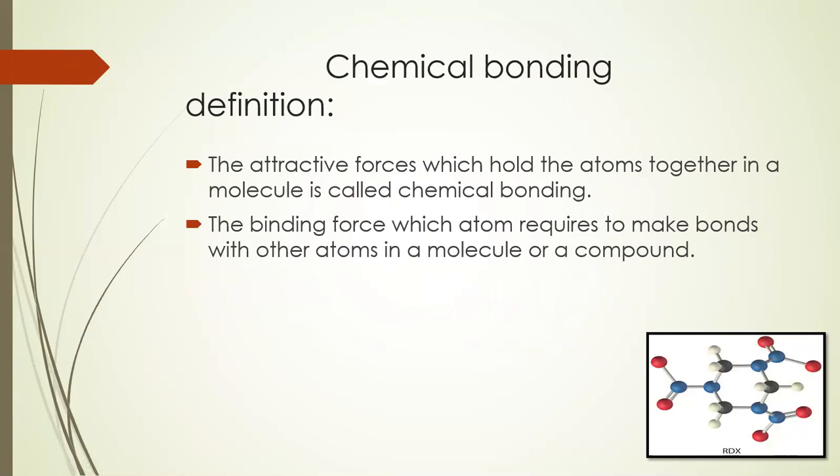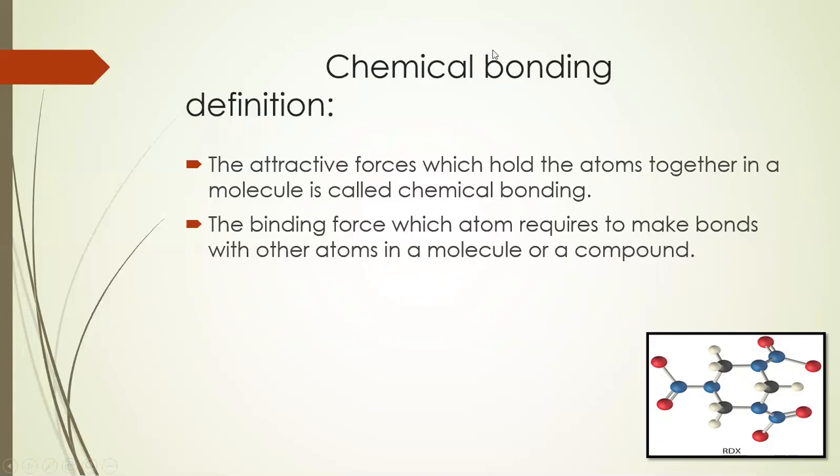Here, the first definition that we are going through is the definition of chemical bonding: the attractive forces which hold the atoms together in a molecule is called chemical bonding. It also refers to the binding force which an atom requires to make bonds with other atoms in a molecule or a compound.